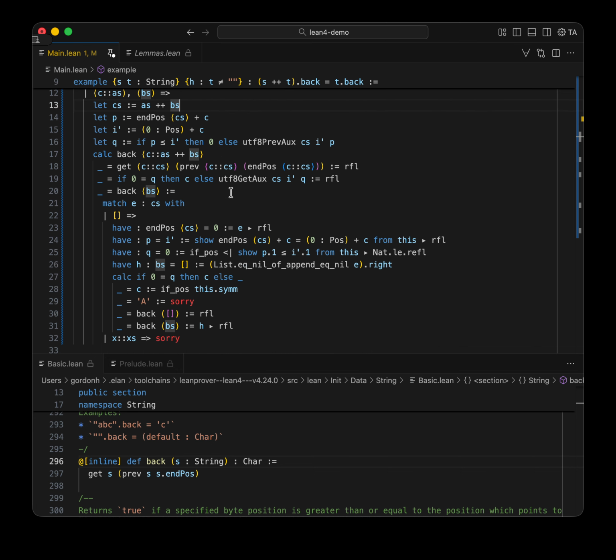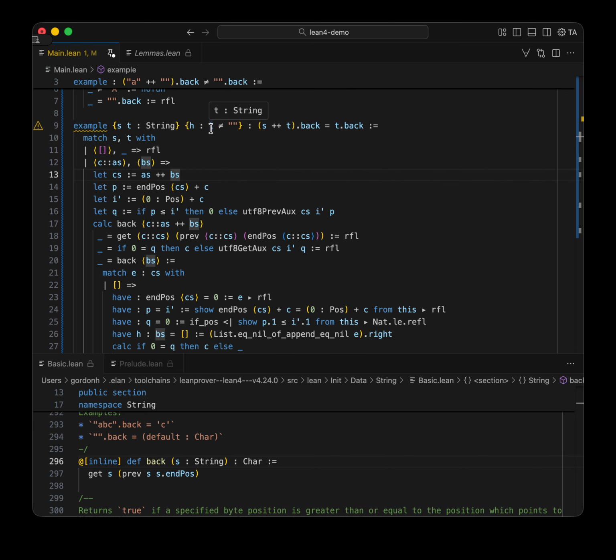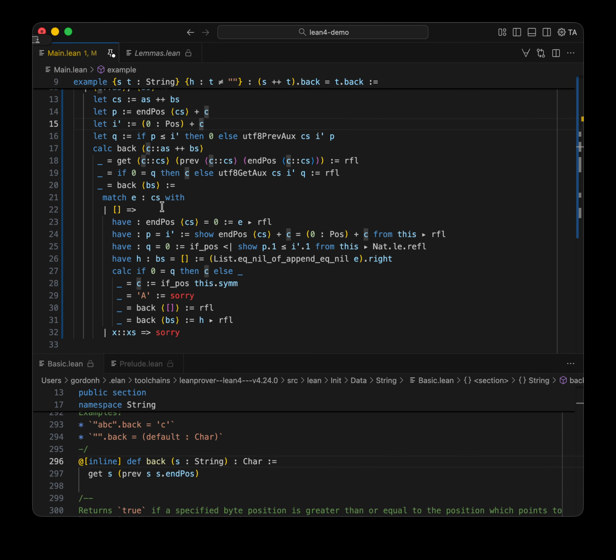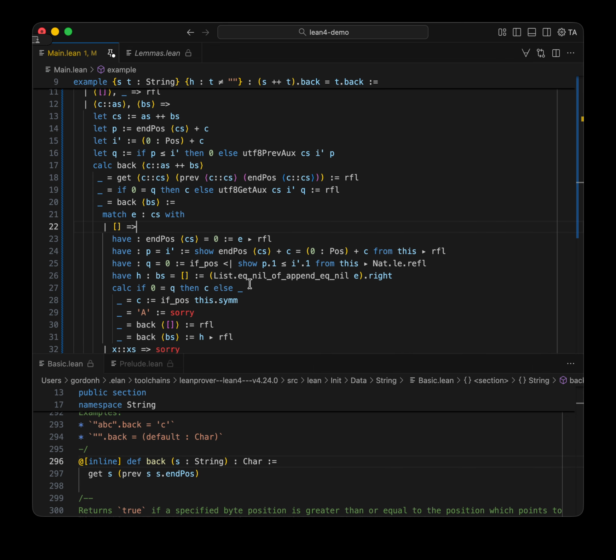Given this condition, we should be able to tell Lean4 to never have matched this case. So how are we going to do this?